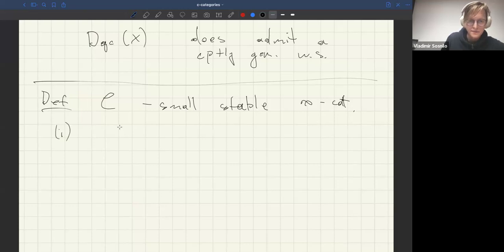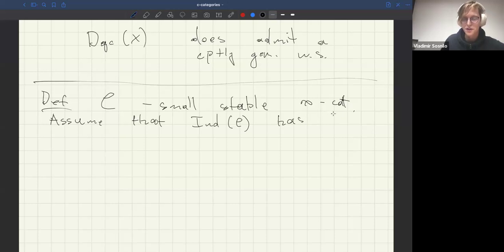So assume that Ind of C has a compactly generated weight structure.